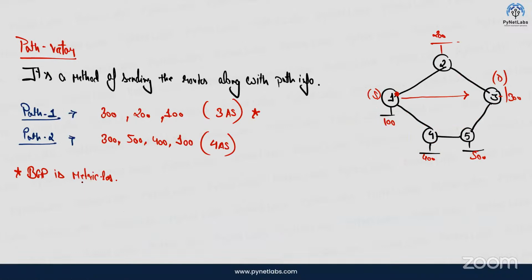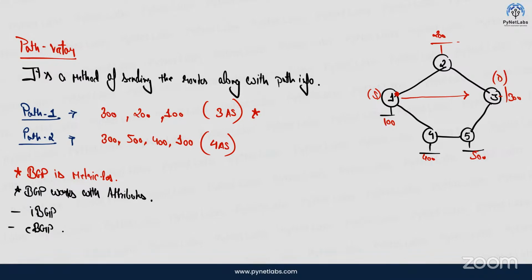But when we say BGP, BGP is technically a metricless protocol where we don't have any kind of metric, but instead, in case of BGP, we have some attributes. BGP works with attributes. So this is one thing. And BGP is classified into two categories: internal BGP and external BGP.